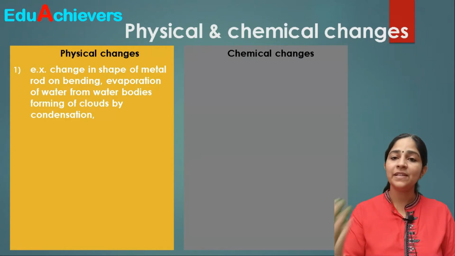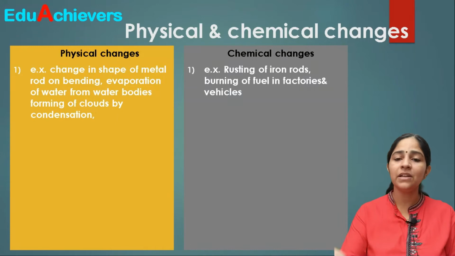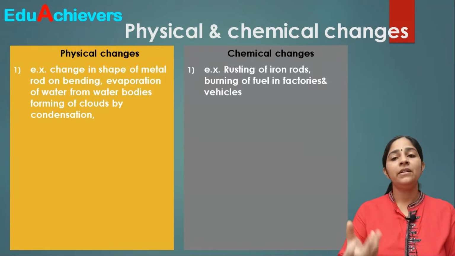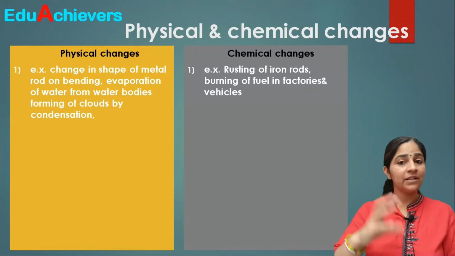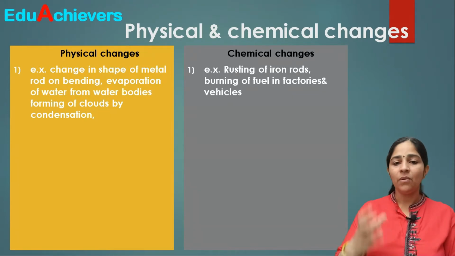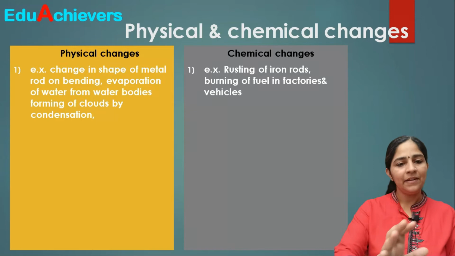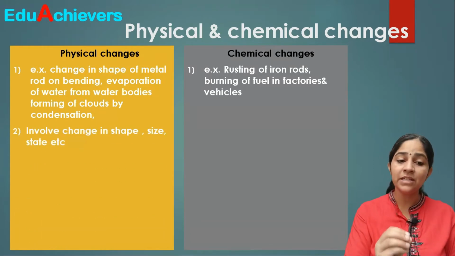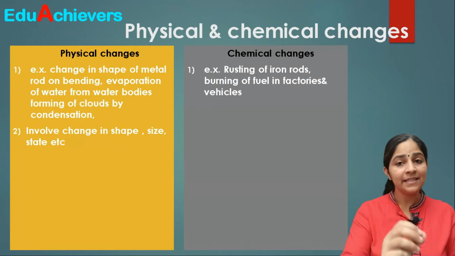And what do chemical changes involve? They involve changes like rusting of iron, or whenever food gets cooked, that also involves chemical changes. Now what are those chemical changes and physical changes? Let's have a look at physical changes. Physical changes involve change in shape, size, or state of a substance.